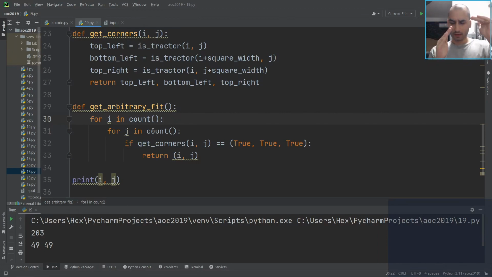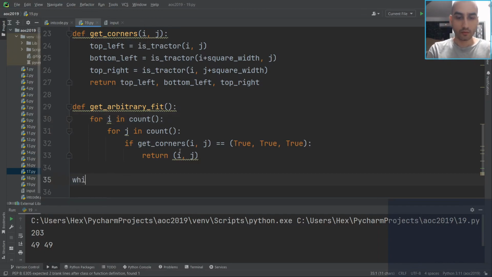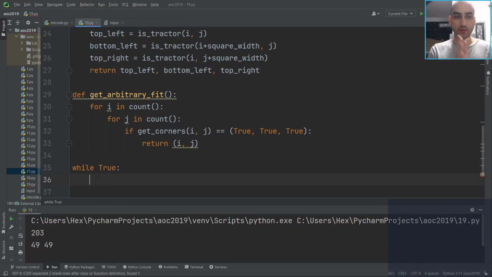So all we know is there is no square to the left of us that would work, but there could be one above us. So let's do this. We'll say while true. Now that we have a square which fits. Now 49, 49. Does that make sense? Yes, because... Does it?